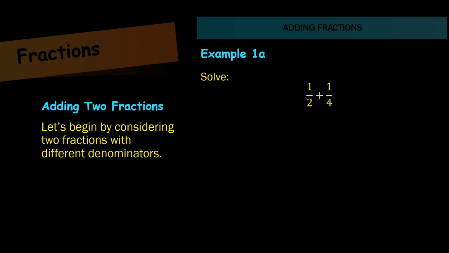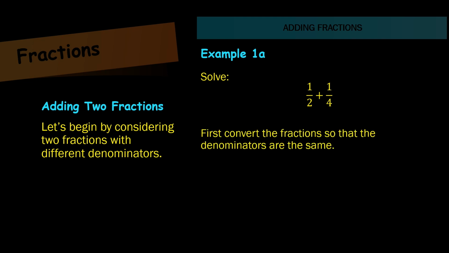How would we solve 1 out of 2 plus 1 out of 4 without diagrams? First, convert the fractions so the denominators are the same. Here, we only need to consider 1 out of 2, as this can easily be converted to have the same denominator as 1/4.